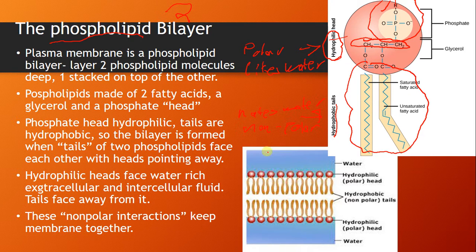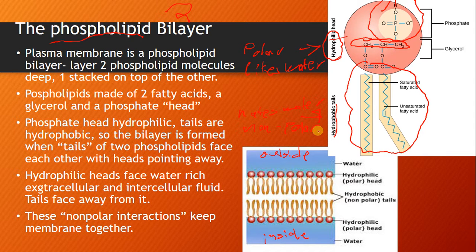What happens then when you put two phospholipids together? Well, if this is the outside of the cell and this is the inside, the water-hating parts, the non-polar parts, the hydrophobic parts, will try to scrunch together, get as far away from the water as possible, just like hydrophobic R groups.